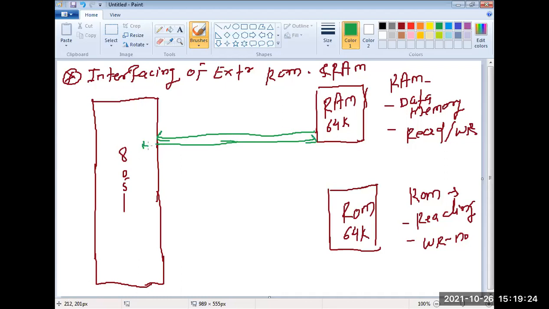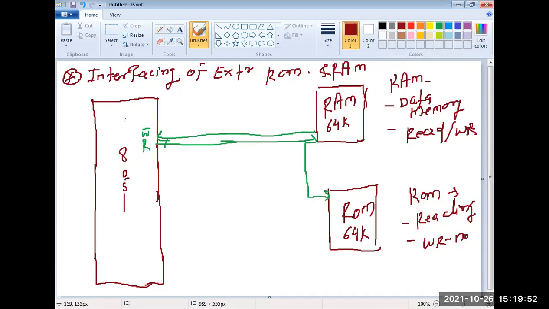This is read and this is going to be W bar. This is for the RAM only. The same read pin can be connected here for ROM accessing, so I will take this here and connect the ROM memory also.